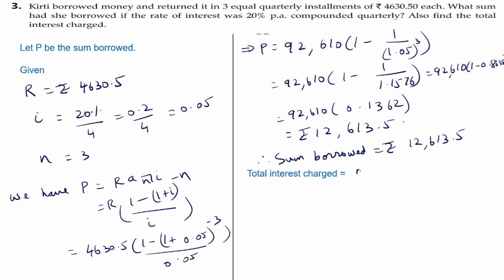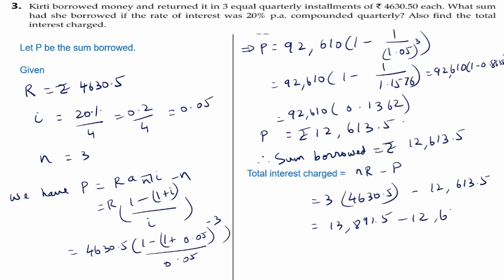So it is calculated as n into r minus p. This is p. Here n is 3, r is 4,630.5, minus p, which is 12,613.5. So this is 13,891.5 minus 12,613.5.